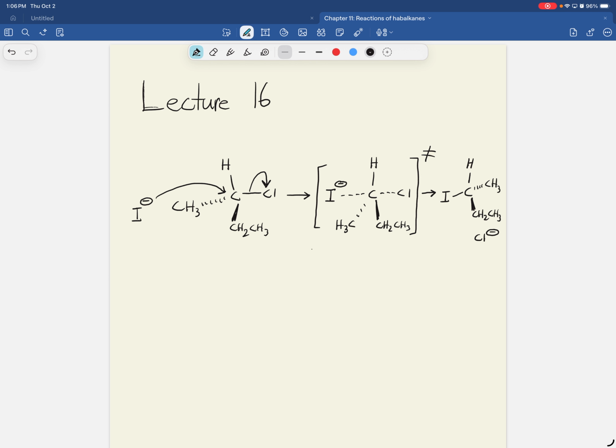All right, so here we have backside displacement. Okay, and we know here these are both chiral. So now the product is chiral and optically active.